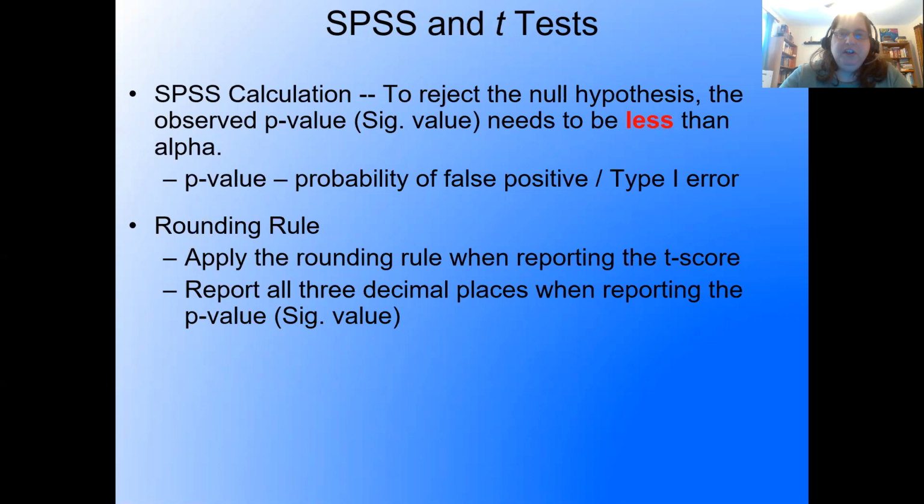You just almost always copy that down, with a few exceptions that we'll talk about. It has 3 decimal places, so you're going to report 3 decimal places. And that's your p-value, or as it's called in SPSS, your sig value.